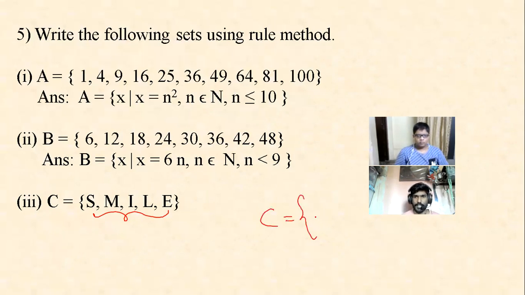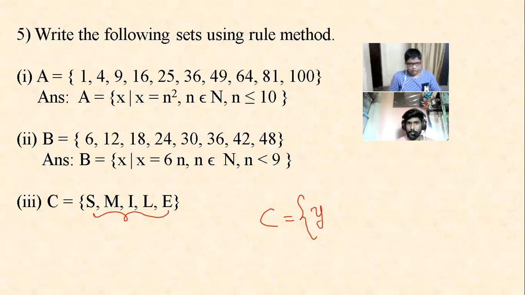You can give it any variable name. So set C is having Y, but what are these elements? You just now said them. Letters. But letters of which word? Smile.